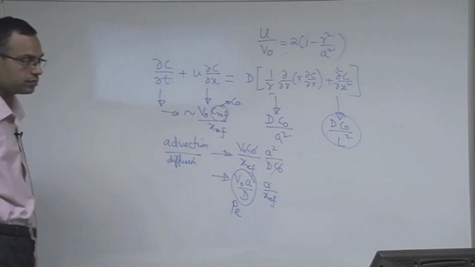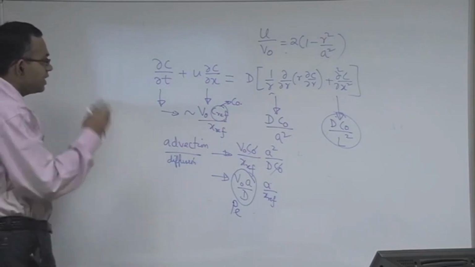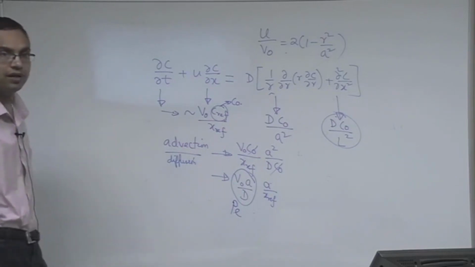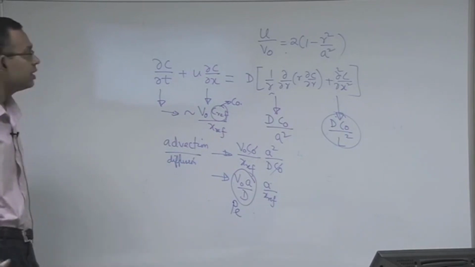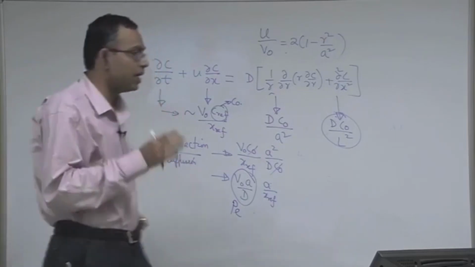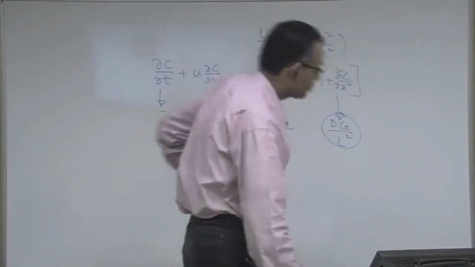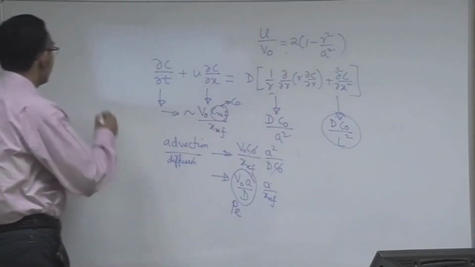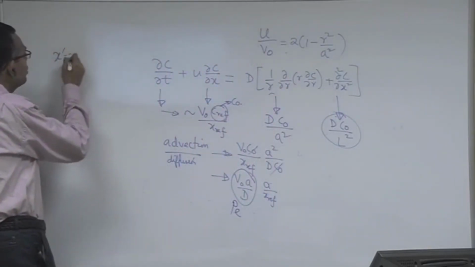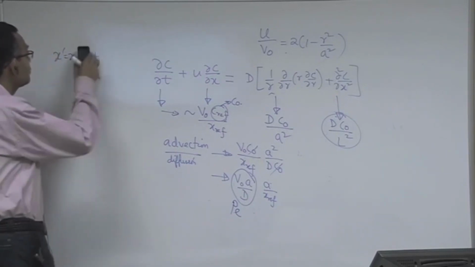Now let us say that we want to study this phenomenon in a reference frame that moves with the average flow velocity. So we make a coordinate transformation x dash is equal to x minus V0 into t.